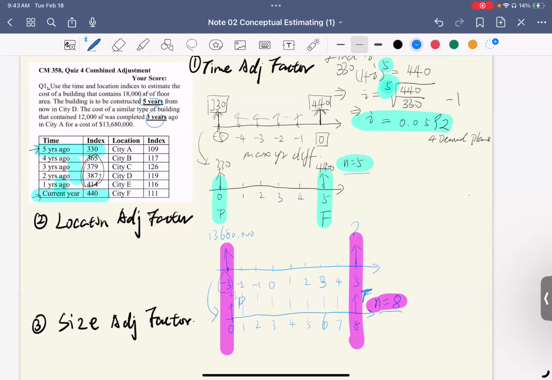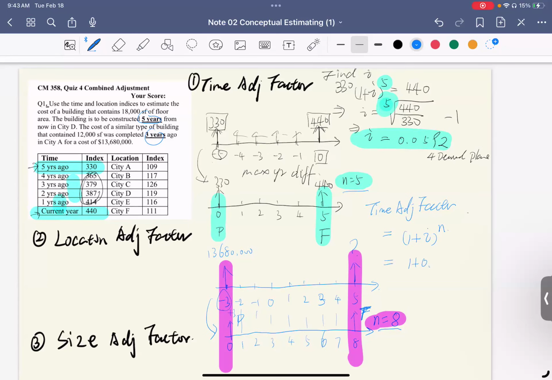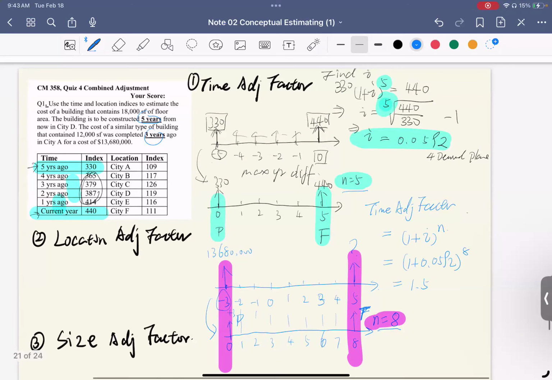If no question, now we will use our time adjustment factor, which is equal to 1 plus I to the n, the year difference. Putting in the numbers, you get 1 plus 0.0592 to the power of 8, and this number will be equal to 1.58425.